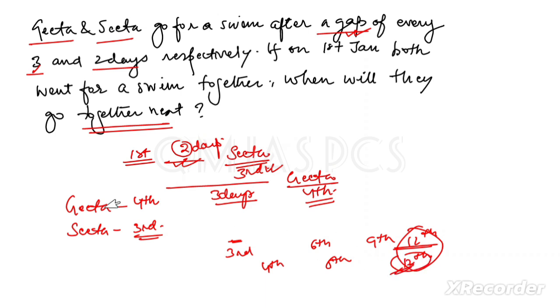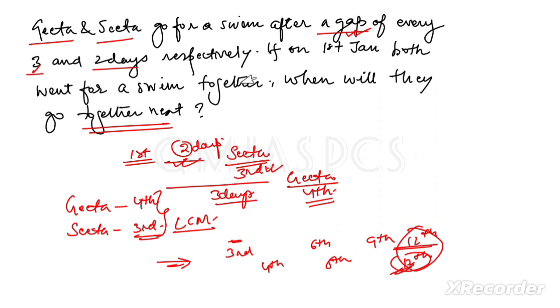We have to find the LCM of these numbers, 4 and 3. Is it clear? Logically we can solve this one, but we have to find the LCM of 4 and 3. Then we can find when they are going together next. So what is the answer? On the 12th day.